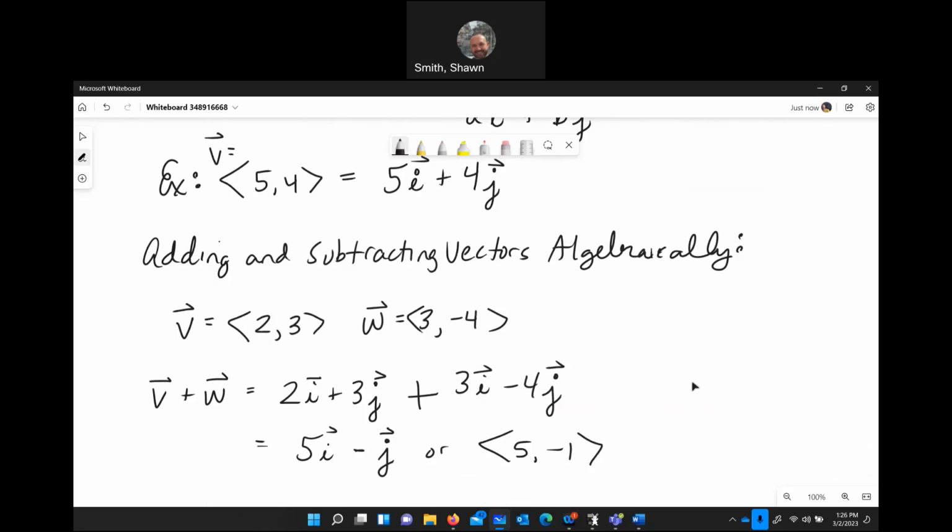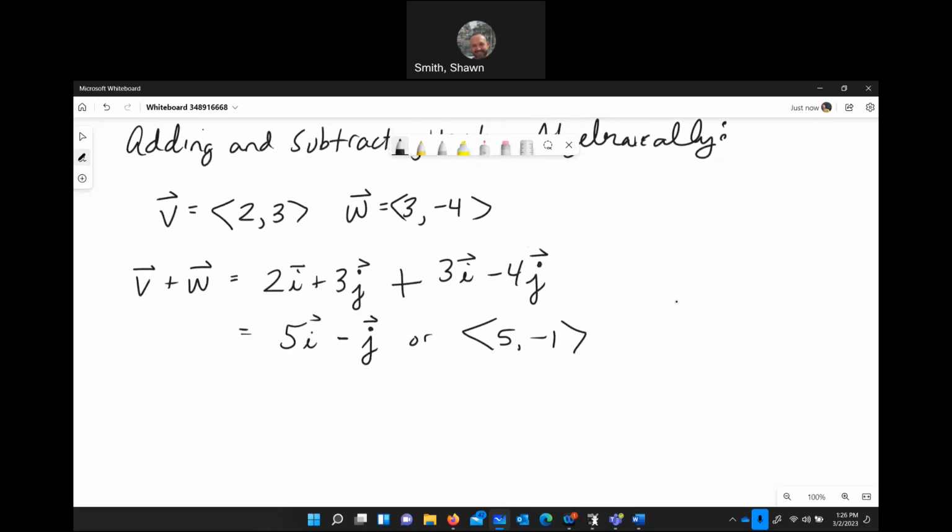If I would say, let's do w minus v, this is where I think it makes it a little bit easier to keep track of. You obviously can make a careless error subtracting negatives, doing all that in your head. So if you put it in this ai plus bj format, we have 3i minus 4j minus all of v.